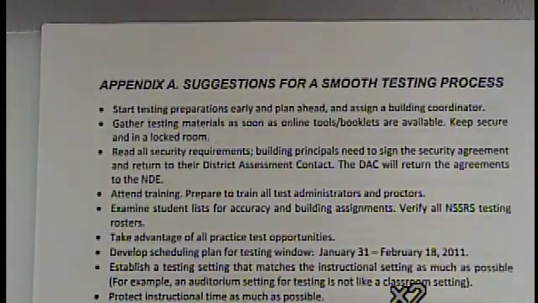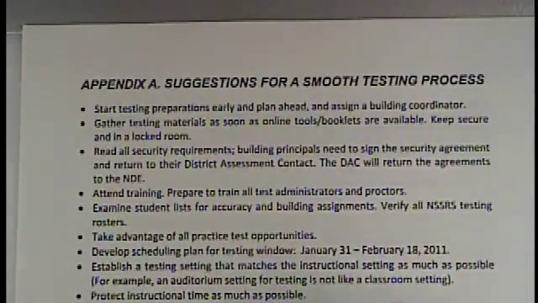Now, when we go through those, a lot of these are basically information that we always have done as teachers, but it's always good to review them and to strengthen our understanding about them.